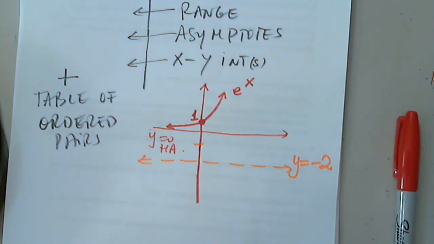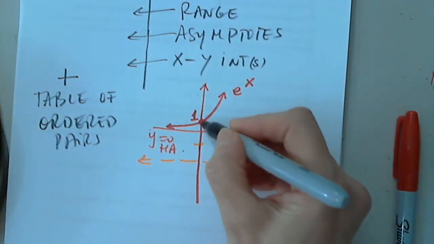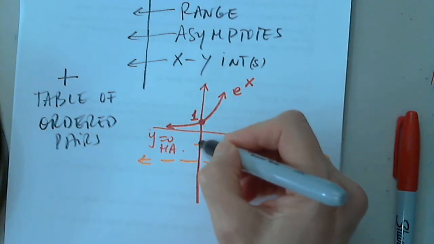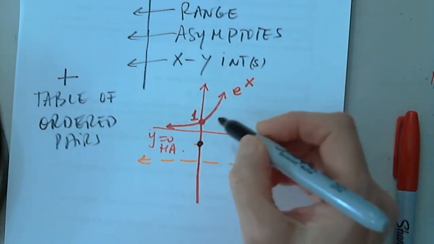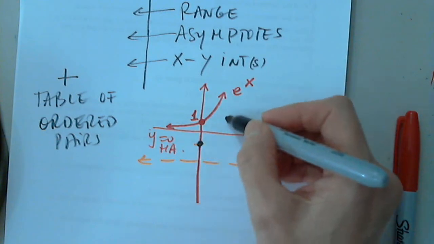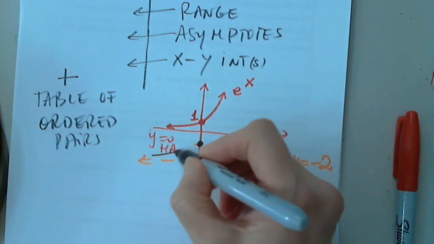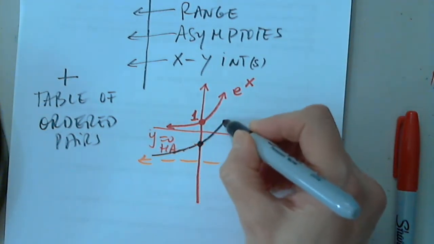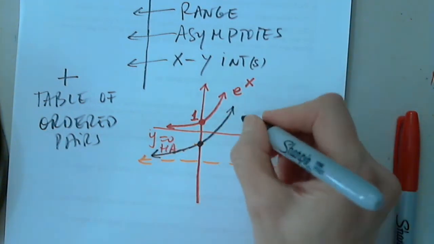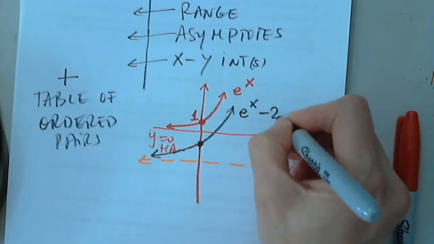Now I will be shifting the graph 2 units down. So this point, 0, 1 goes to 0, -1. I don't know exactly where the function crosses the x-axis, but I know exactly where it crosses the y-axis. And this is e to the x minus 2.